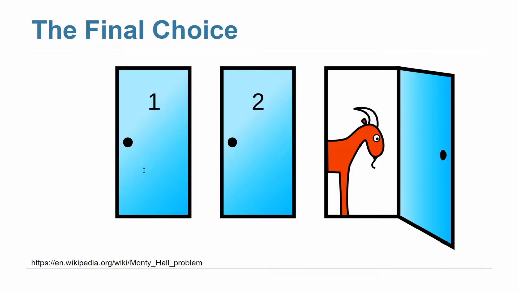What do we want to do by repeating that experiment? What do you want to see? What are the probabilities that we want to compare? The remaining door versus the door that you chose first.